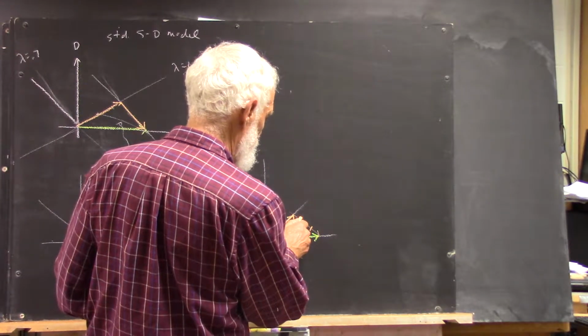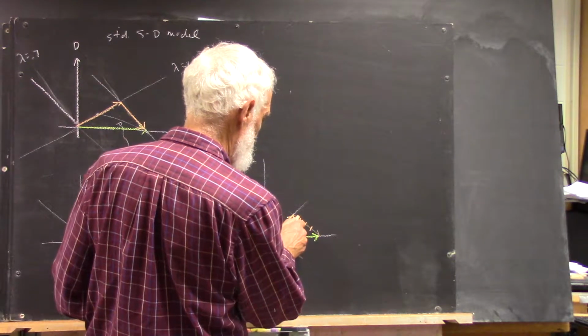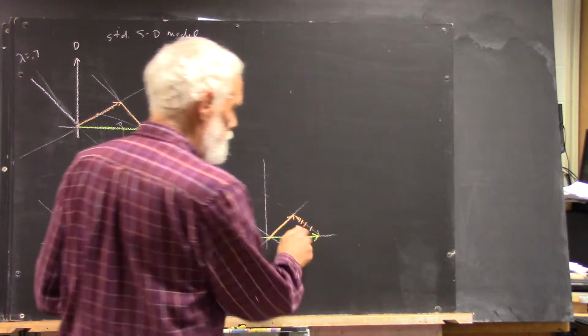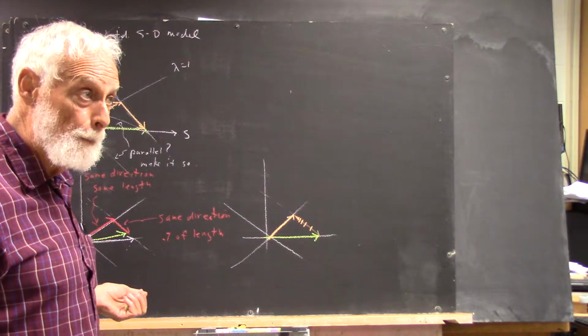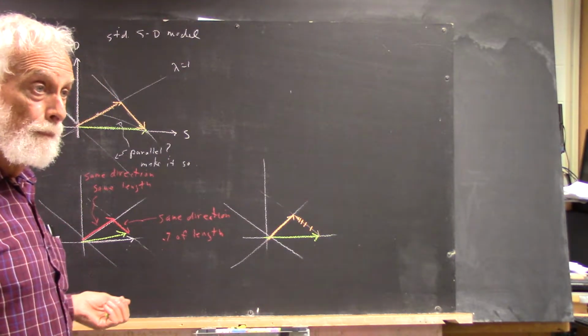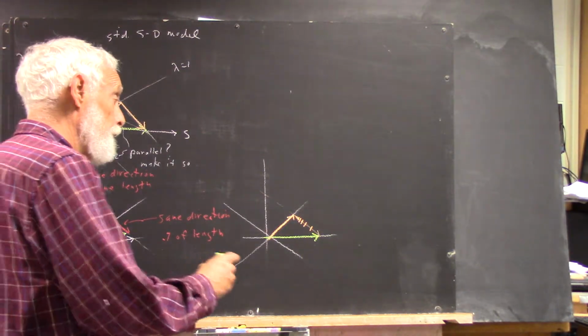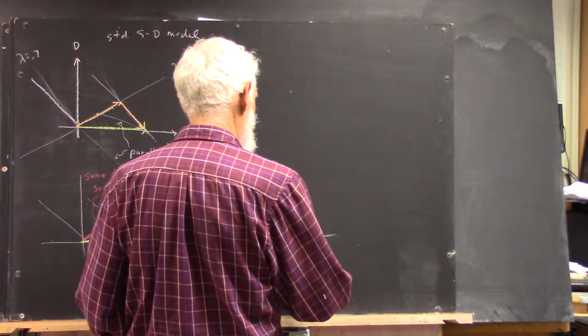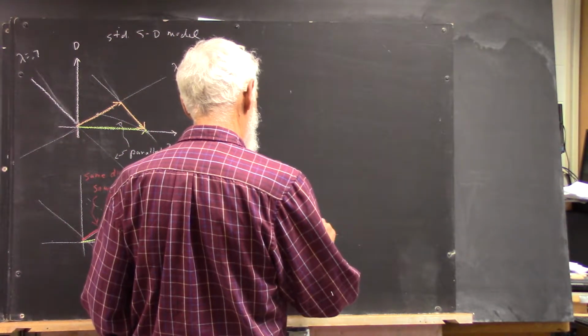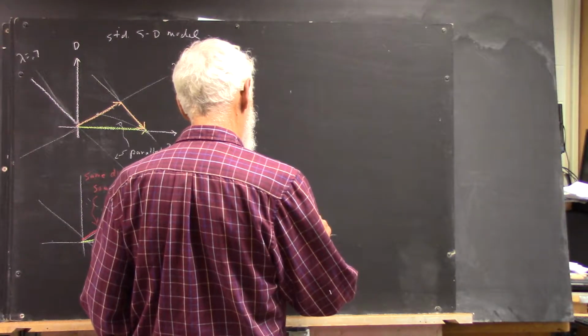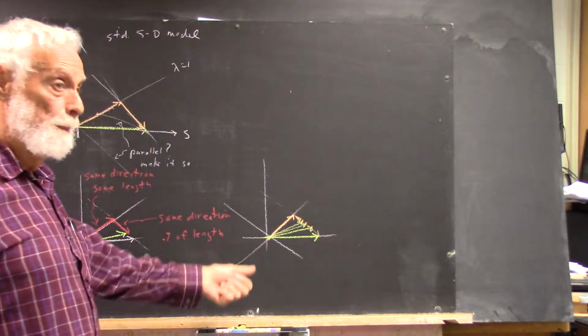And if you keep doing 70%, what's going to happen? These are going to keep getting closer and closer together, right? So now you have the picture that you can draw by doing the matrix transformation. Okay? Same picture we've had.